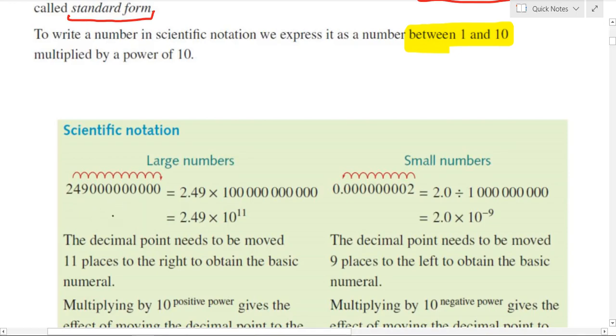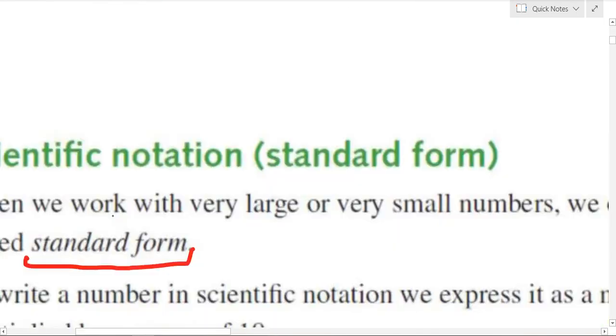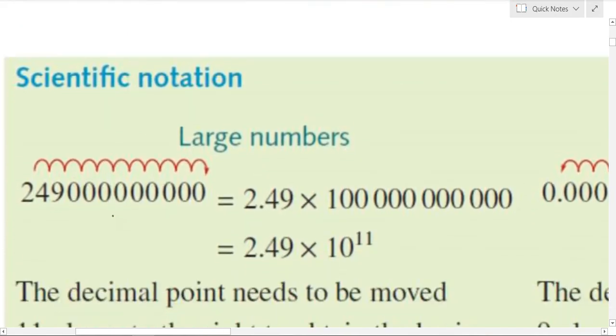Well, that's basically the number of times they've moved the decimal place. So if you look here, I'm going to zoom right in. If the decimal place was over here, and you're changing this number to 2.49, so the new decimal spot is right there, you're basically moving the decimal point 1, 2, 3, 4, 5, 6, 7, 8, 9, 10, 11 spots. That's how we get that power of 11.